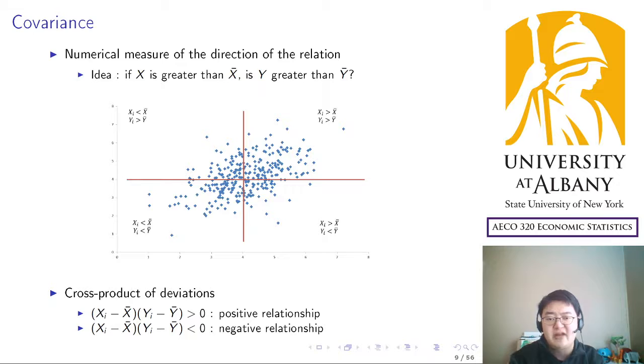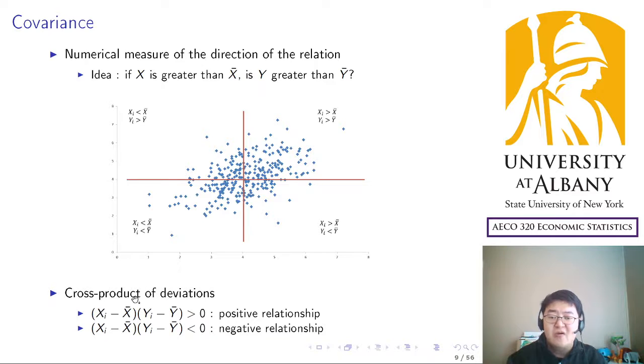So let's quantify that. Our idea is the first and the third quadrants have these properties. Say xi minus x bar is how much x increased from its mean, and yi minus y bar is how much y changed from y bar.